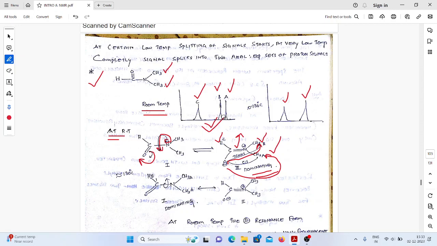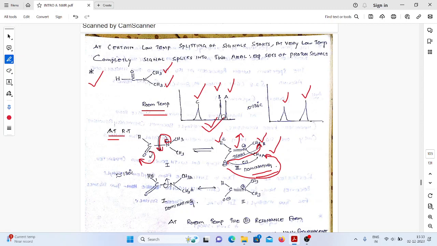It's very, very important. Simply, what is the reason? At room temperature, we observe delocalization of the nitrogen lone pair with the carbon oxygen pi bond, creating a carbon nitrogen double bond. That structure is dominating with respect to oxygen minus, and the two methyl groups have two different orientations: one cis, another trans.